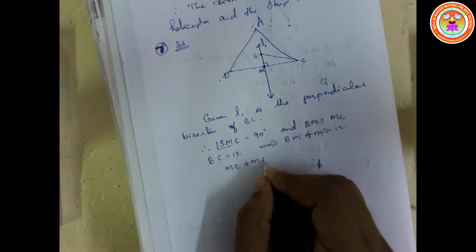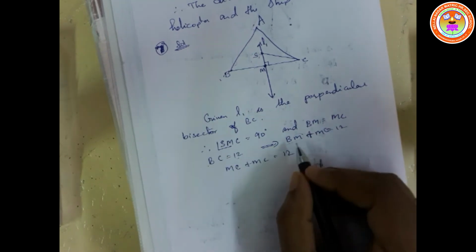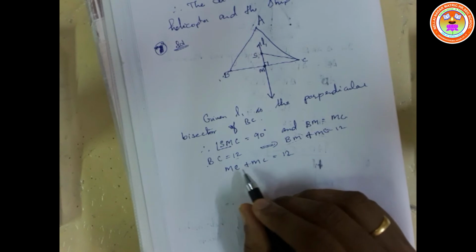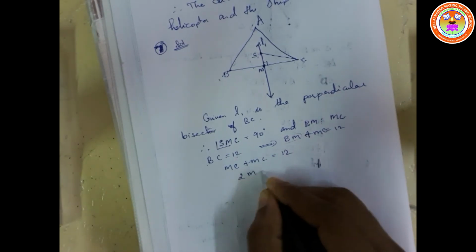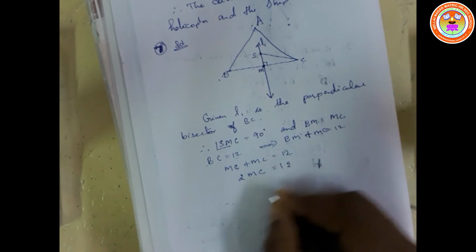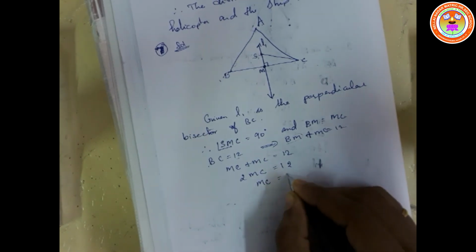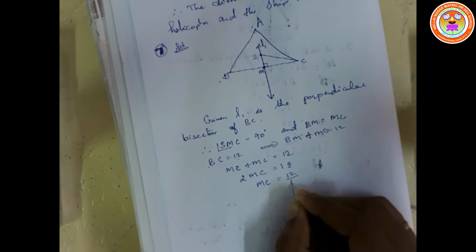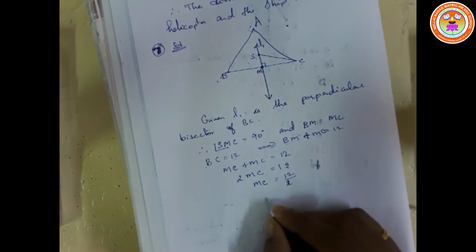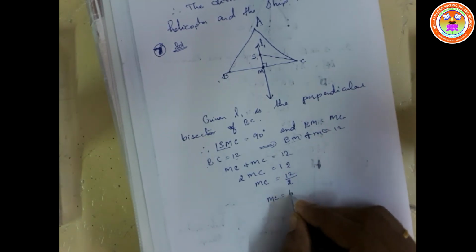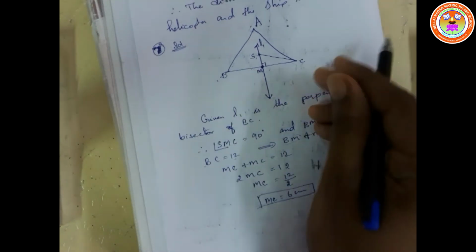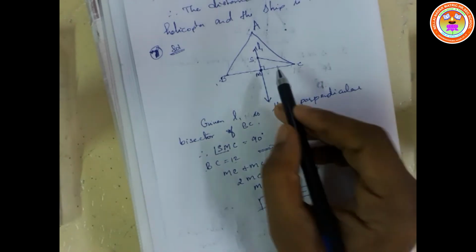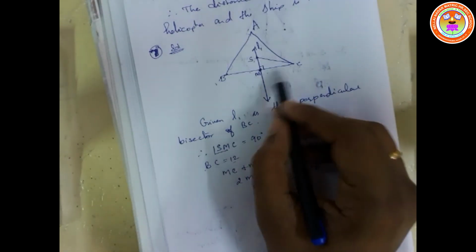MC plus MC is equal to 12. 2MC is equal to 12. MC is equal to 12 by 2. It is nothing but MC is equal to 6. Simply we are finding half of the length.